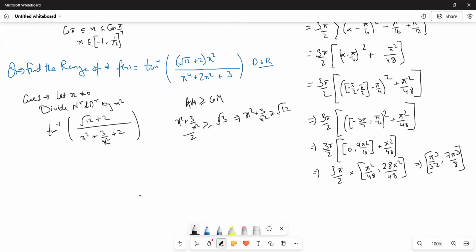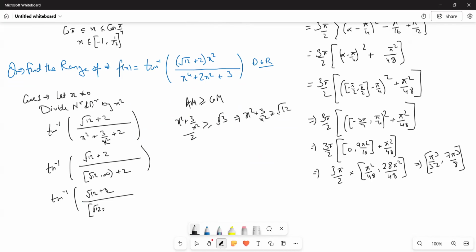So then we apply the range restriction in this. So this becomes tan inverse root 12 plus 2 divided by a number lying between root 12 to infinity plus 2, which is tan inverse of root 12 plus 2 divided by root 12 plus 2 to infinity.